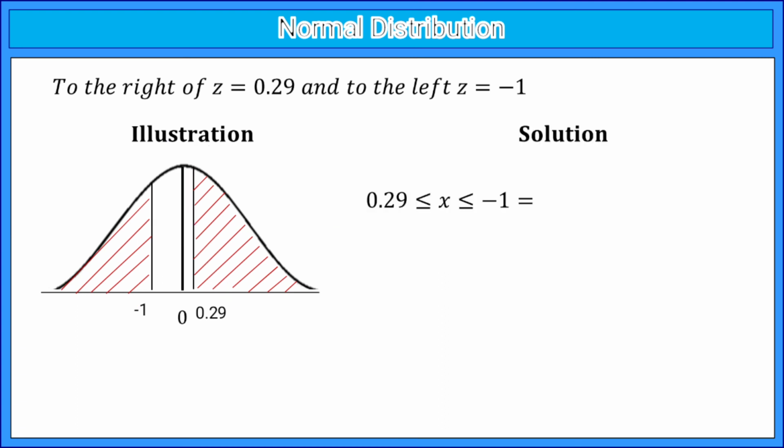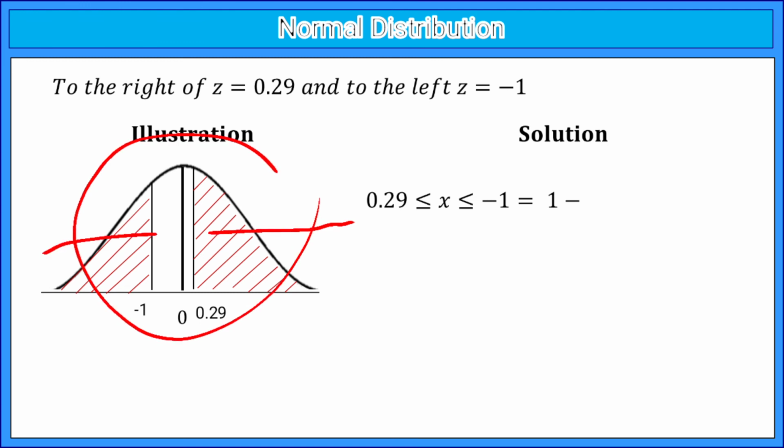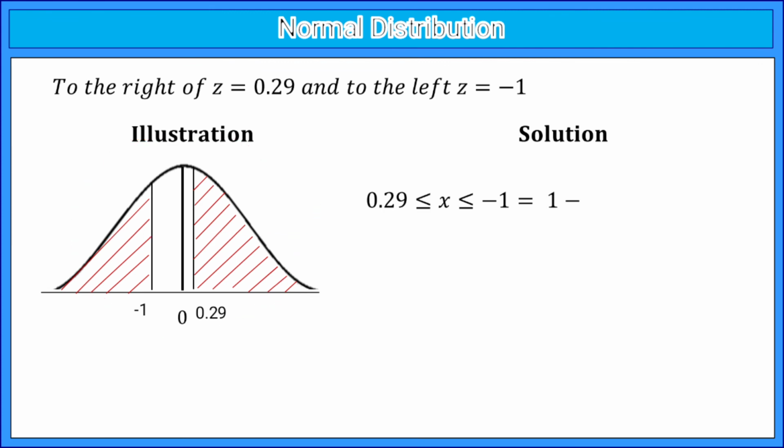We're looking for x, where x is less than or equal to -1 but greater than or equal to 0.29. As I mentioned, we are going to subtract the value that we found on the table from 1. Why 1? Because we've used both parts of the distribution, meaning we've used 100% of the distribution. So we're going to subtract those values that we look up from the table from 1, or from 100%.